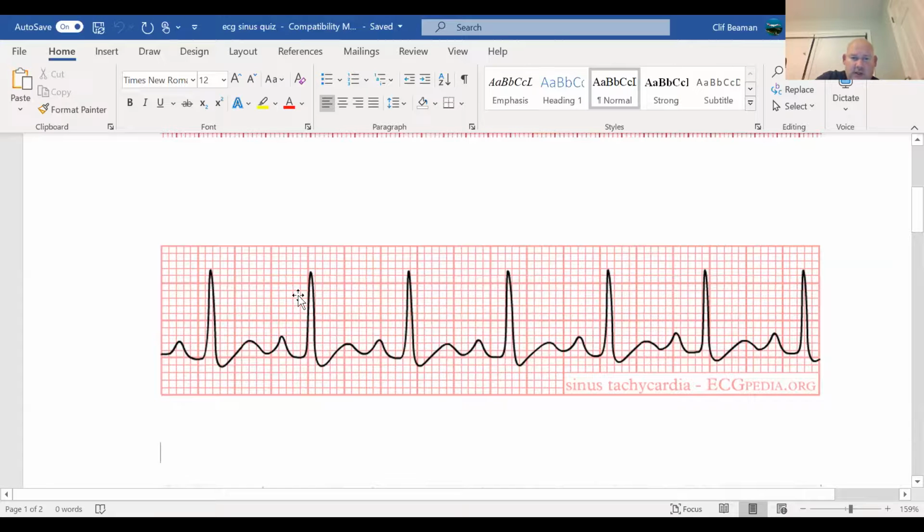This looks fairly regular. We have a QRS complex that's less than 0.12 seconds. We have a PR interval that's less than 0.2 seconds. And we have a P wave that's upright and rounded, and a QRS, and we have 1 for each one, right?